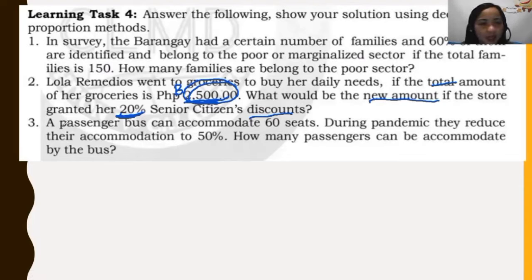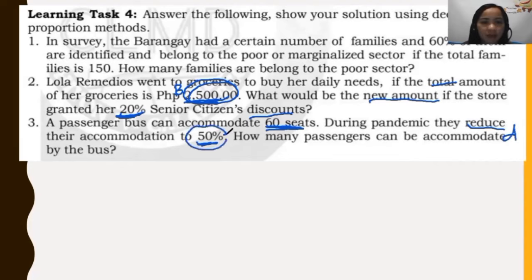Now, in problem number 3, a passenger bus can accommodate 60 seats. So, ito lang yung pwedeng makaupo sa isang bus. During pandemic, they reduce, o pag sinabing reduce, binawasan their accommodation to 50%. How many passengers can be accommodated by the bus?